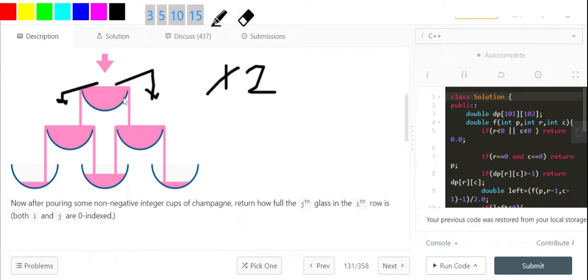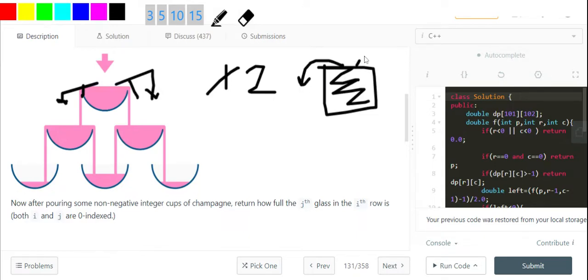After that, when we tried to fill this one more time, it tried to overflow from this side and also this side, right? So when this glass was full, I poured in another glass. As it is overflowing from both the sides, both these get only half filled, right?